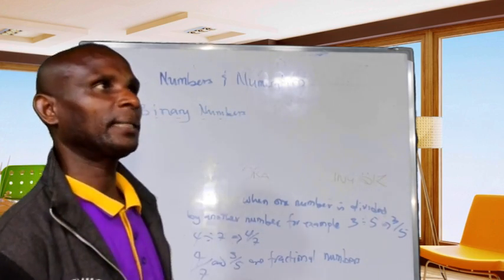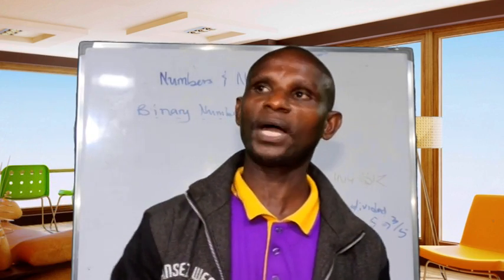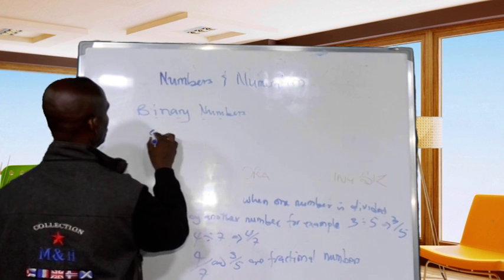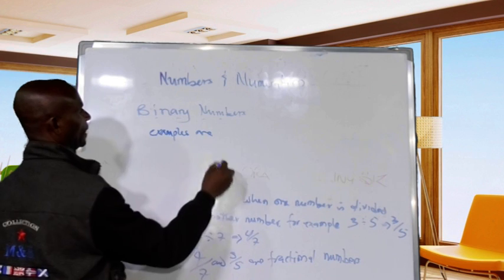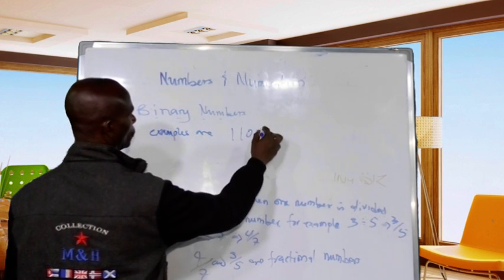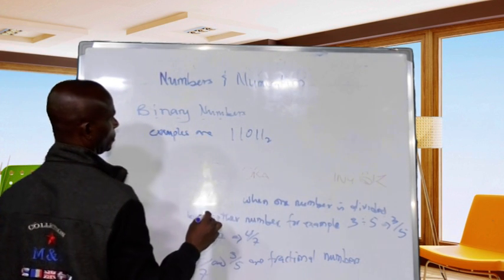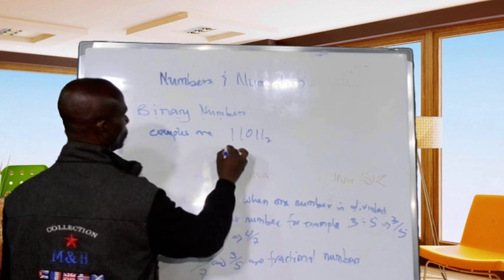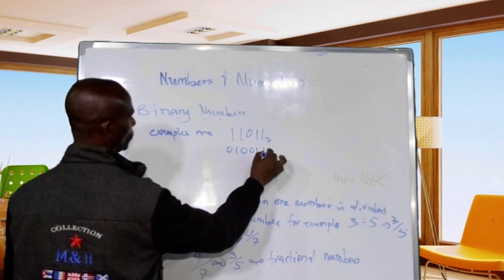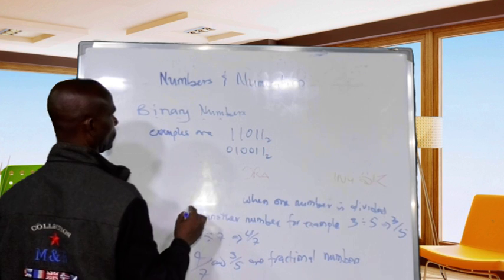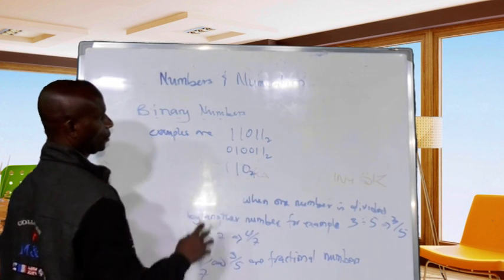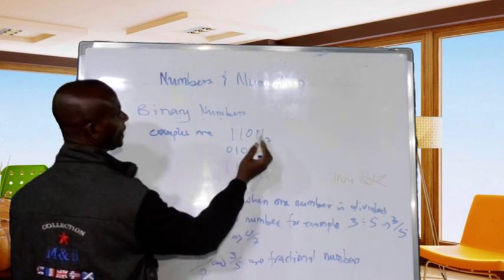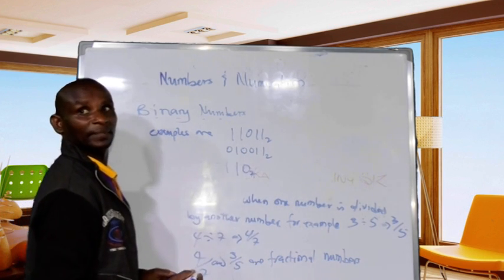And any number that is in the base of 2 does not have 2. Examples of binary numbers: we can have something like 110112, 0100112, or 11012. You discover that these numbers do not have 2 within them because 2 serves as a base.